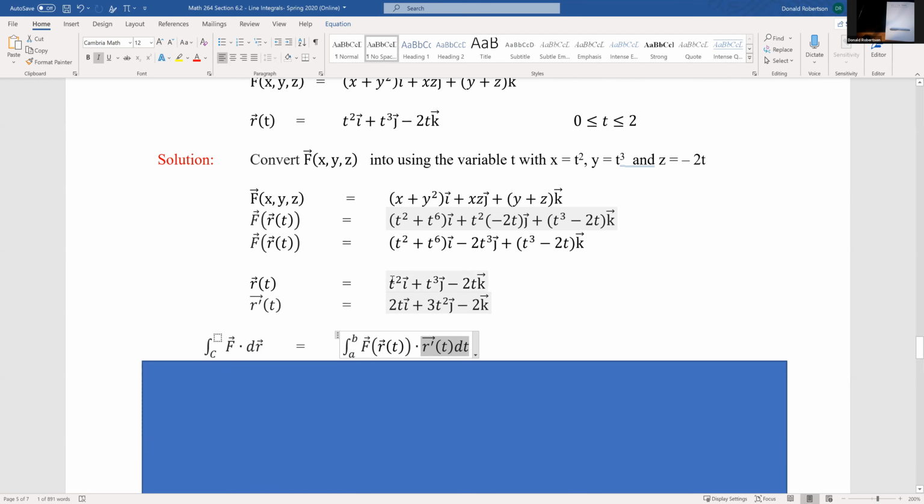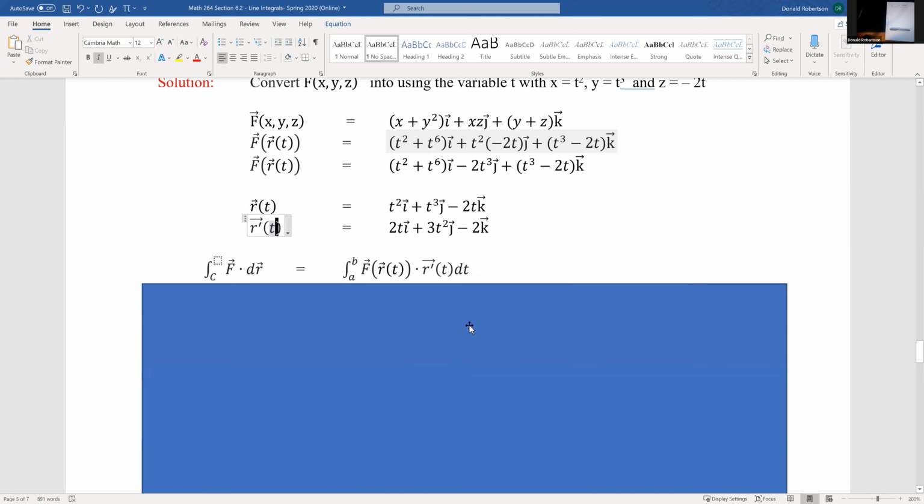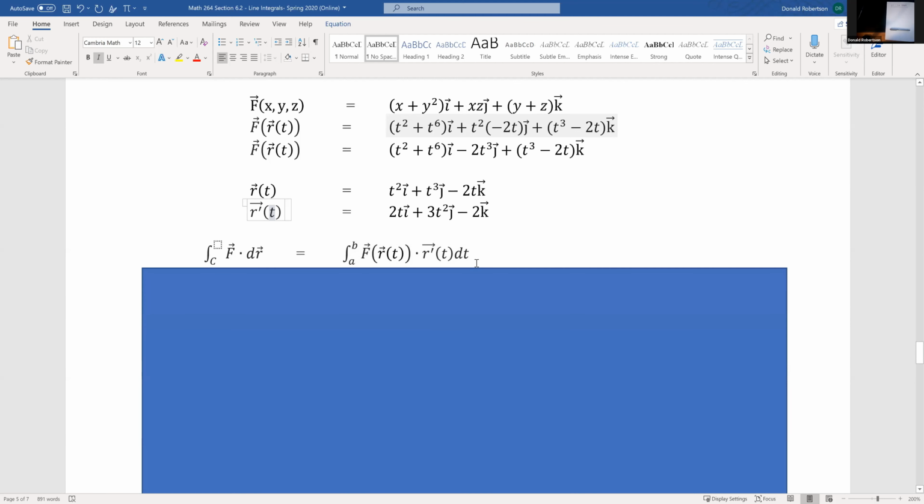So if you take this guy, you get 2t. You differentiate this guy, you get 3t squared. You differentiate this guy, you get negative 2. So this is the parametric equation of the curve, and this is the parametric equation of the derivative of that curve. Now, dot product of those two.